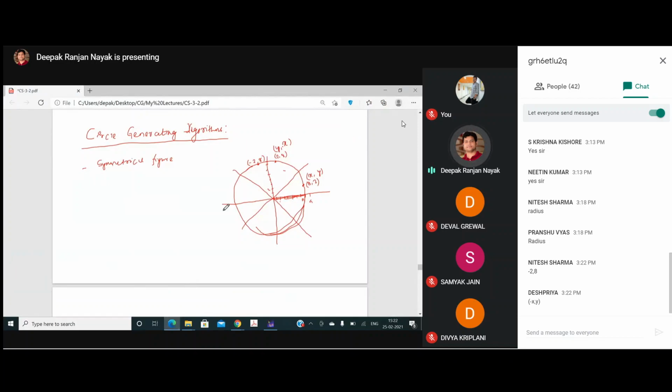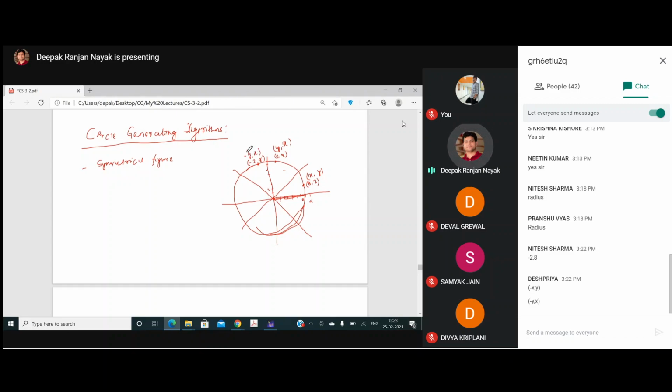It is nothing but -y, y comma x: reverse, then reflection about the y-axis. This point also can be generated. Maybe this is the third point. This is the second point. This is the first point.